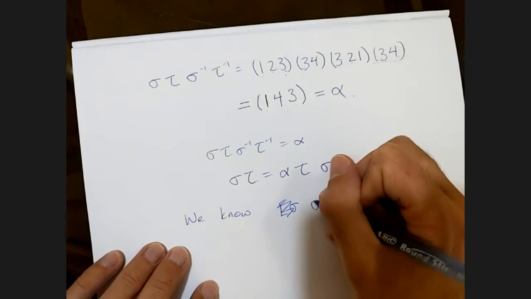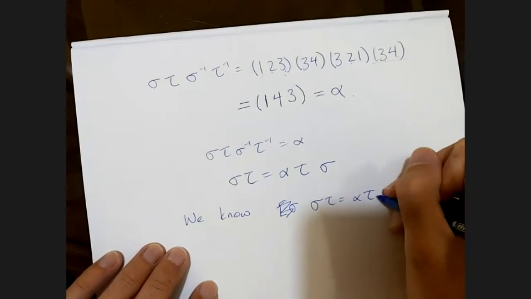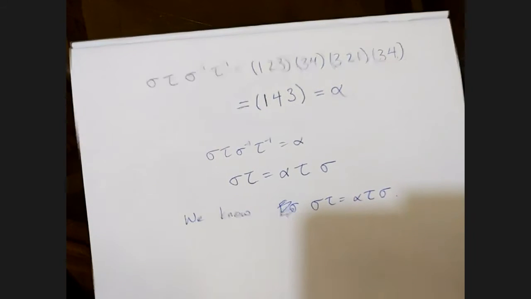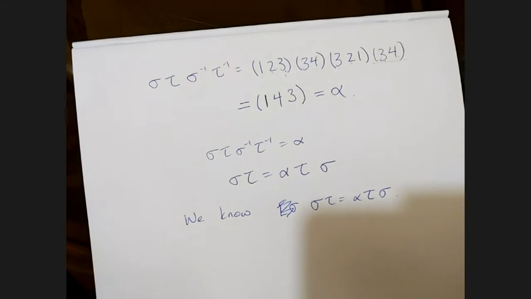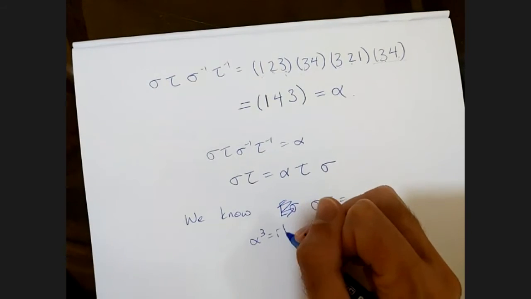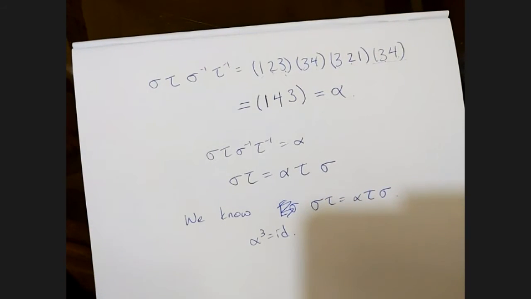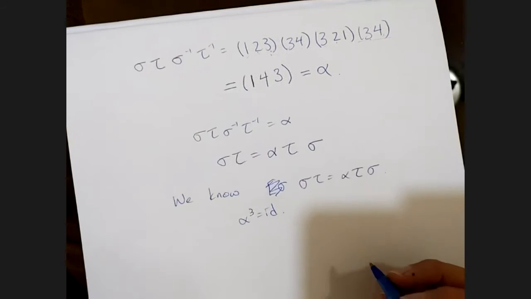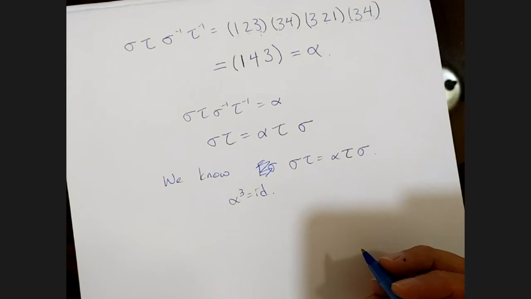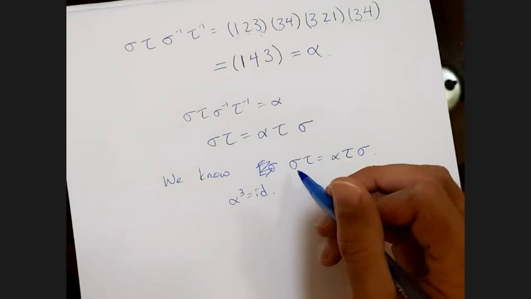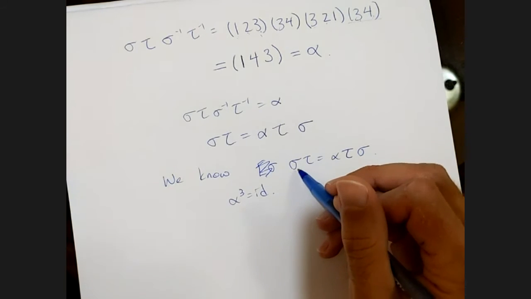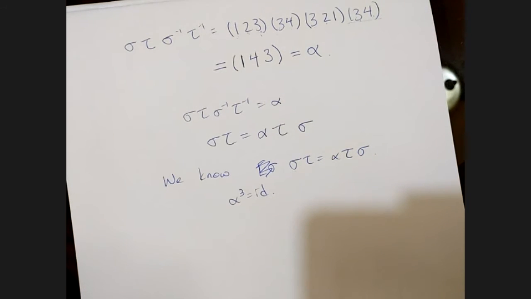We know alpha cubed is the identity. Okay, so let's try and figure out what the subgroup H is. What do you get if you combine sigma and tau together in all different ways?